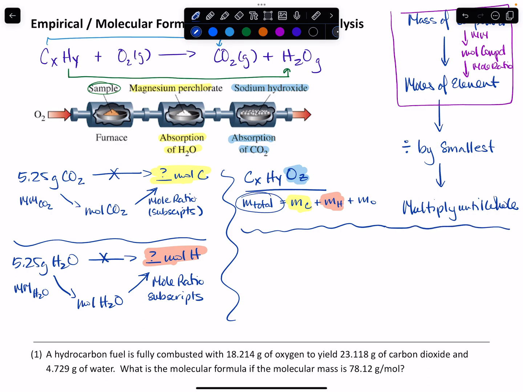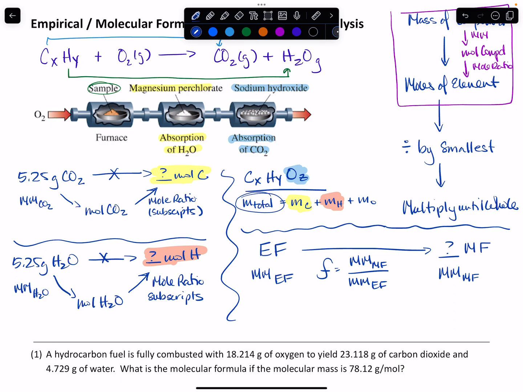The last thing to remember is if you have an empirical formula and you're trying to determine the molecular formula, you're going to need the molar mass of that empirical formula, and you're going to need the molar mass of that molecular formula. And the division of those two, the molar mass of the larger, which is the molecular formula, divided by the smaller, the empirical formula, is going to give us some whole number ratio or whole number factor.